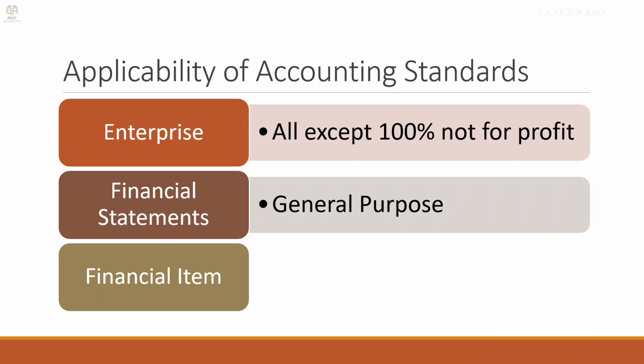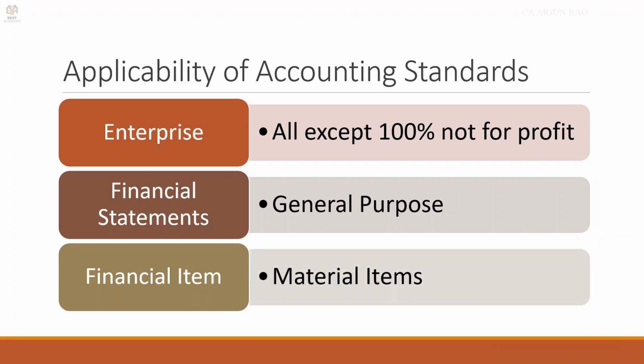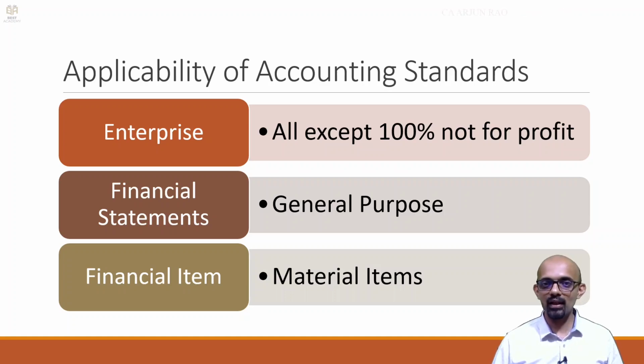financial item. Accounting standards are intended to be applied only to material items. So now you have studied in auditing what is a material item, something that is likely to influence the decision of the user, right? Now if you have a company that is making turnover in hundreds of crores, let's say it has an item of inventory worth 1 lakh.